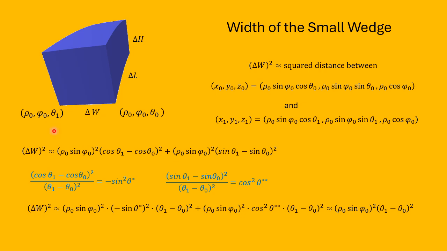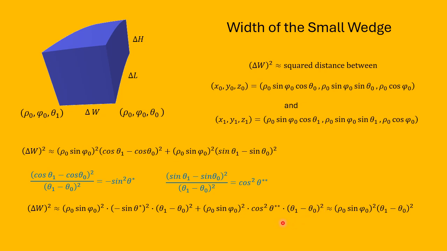And so the width squared, delta W quantity squared, is this stuff squared, which is right here. This stuff right here squared, we can write as minus sine theta star squared times theta 1 minus theta naught squared. Then for this next term, once again we have this factor right here, and then this stuff right here by the mean value theorem is equal to cosine squared theta double star times theta 1 minus theta naught squared.